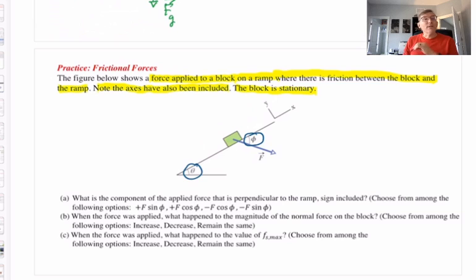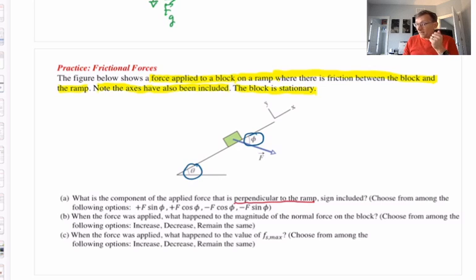Here are the questions, though, that I'm going to have you answer. They're labeled here, A, B, and C. A says this: what is the component of the applied force that is perpendicular to the ramp? Not parallel to the ramp, but perpendicular. That's one of those axes directions, yes?